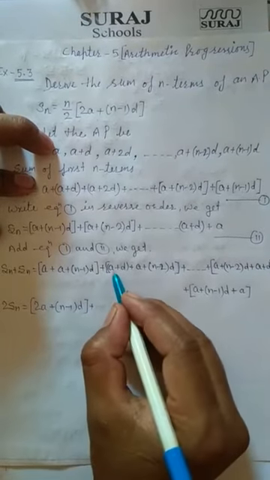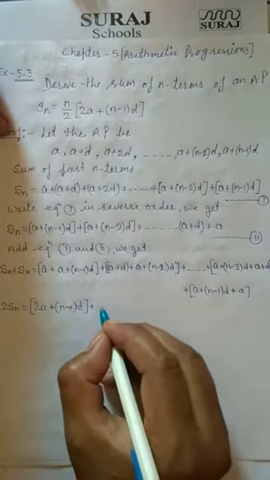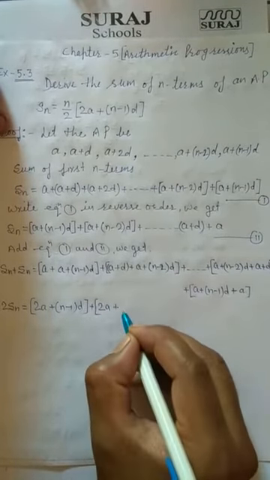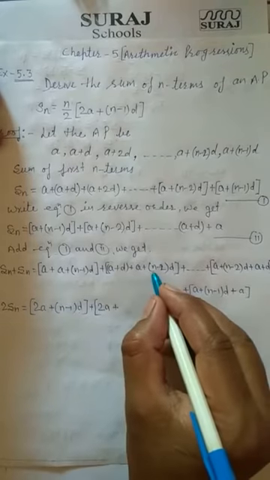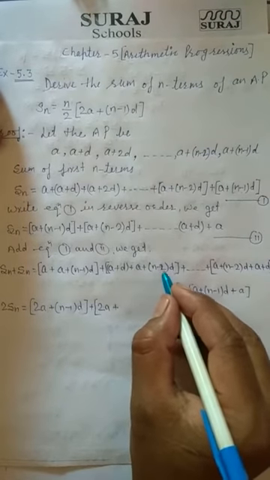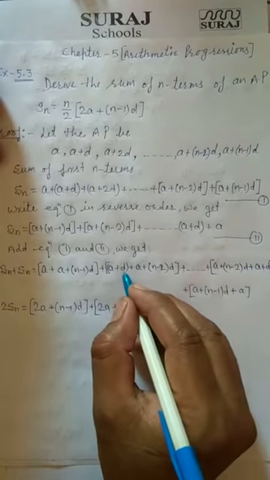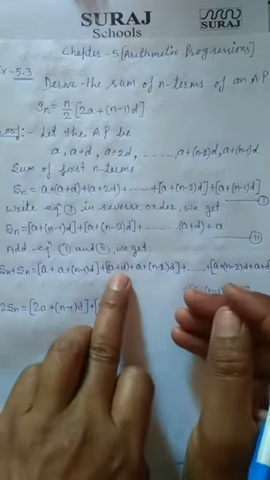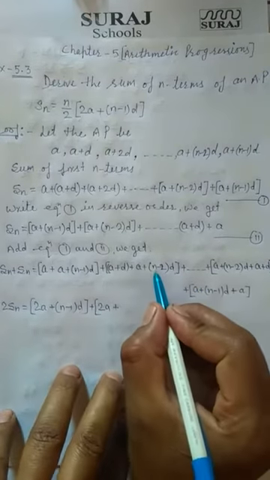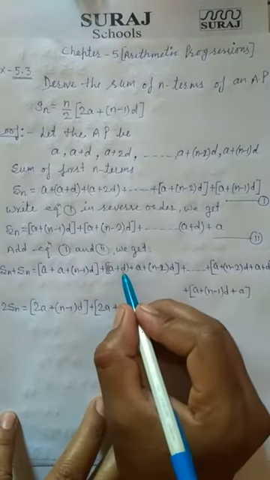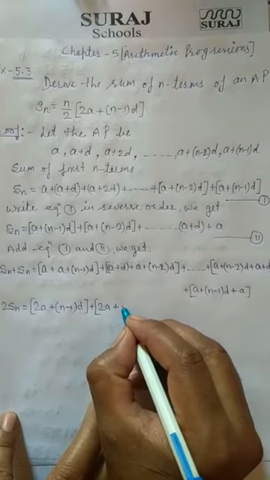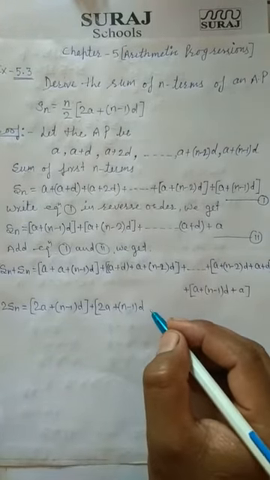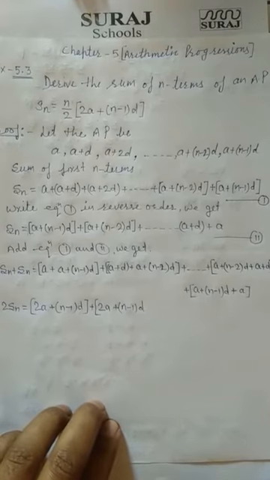Okay, students, here is a plus a, 2a, plus here (n minus 2) into d and here only d. It means here it is 2d, and that d is positive. It means we have (n minus 1) into d.